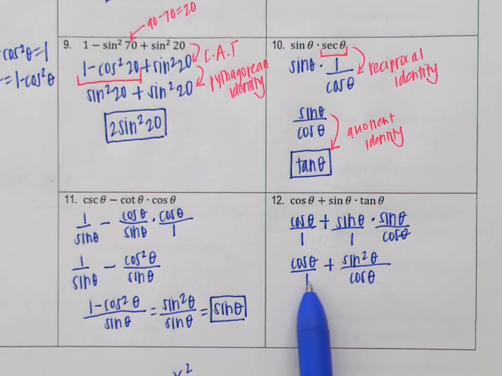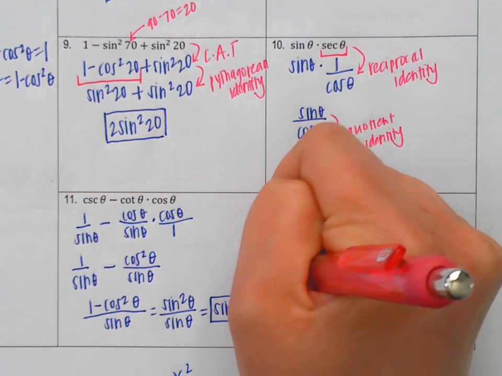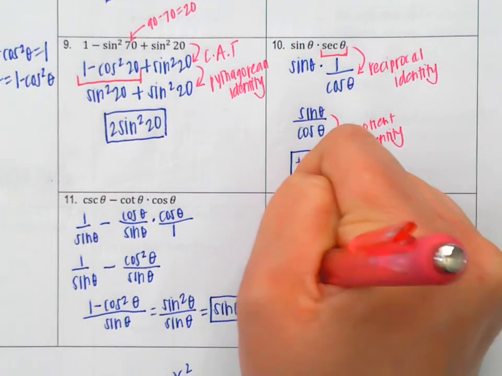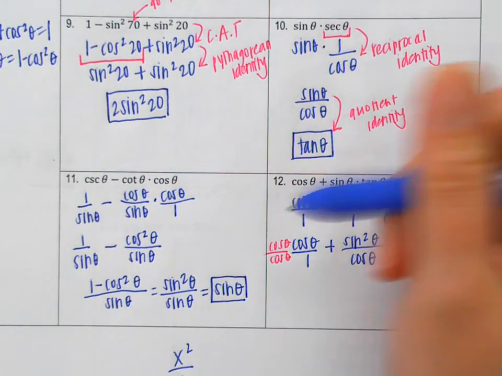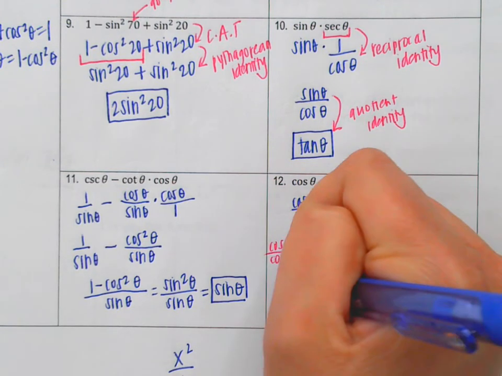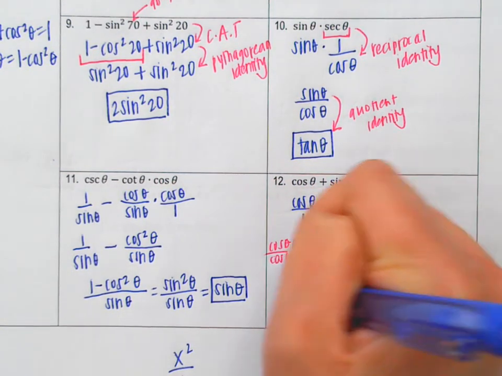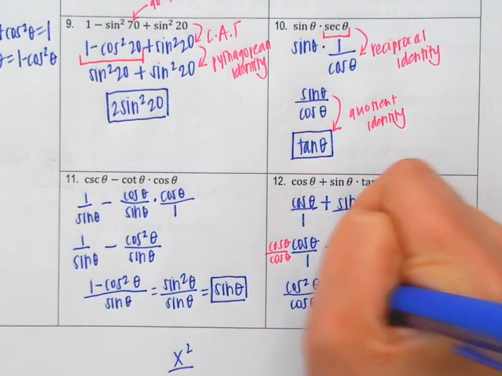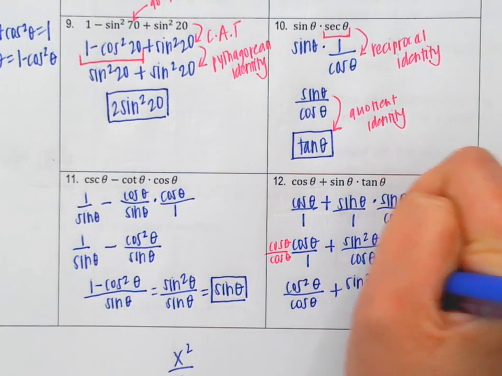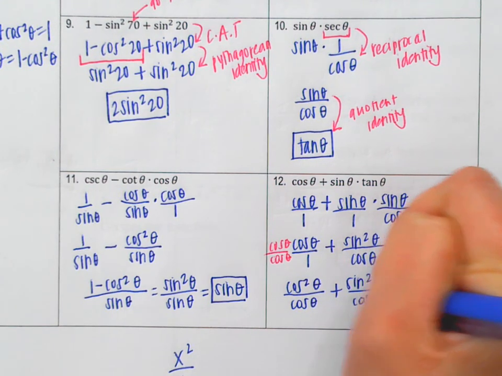Well, what would be the common denominator between 1 and cosine theta? Well, if you're saying cosine theta, you would be correct. So if I multiply top and bottom by cosine theta, cosine theta times cosine theta is cosine squared theta over cosine theta plus sine squared theta over cosine theta.